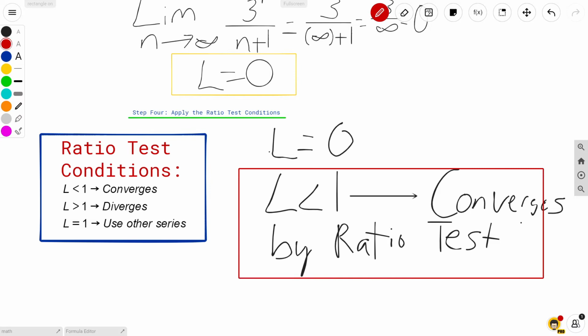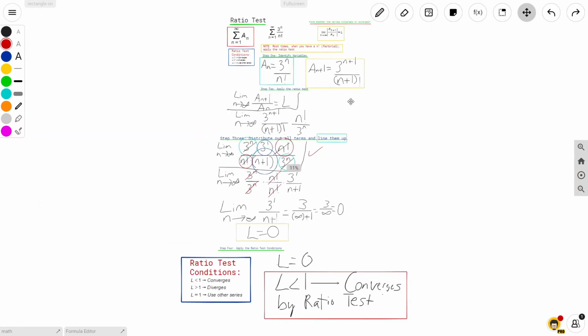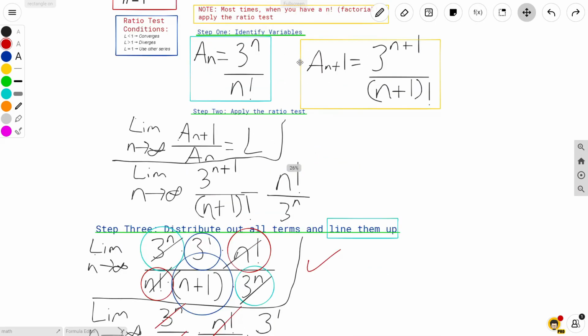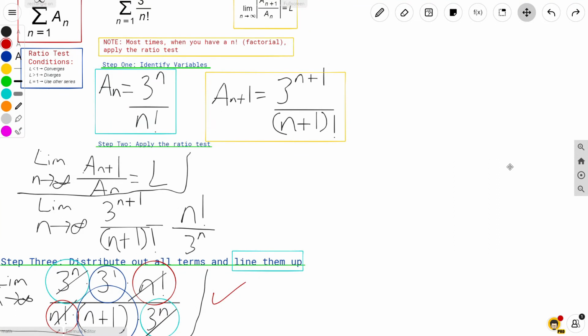So basically all we did was simply in step 1, which I'm going to quickly go back through this problem in retrospect. In step 1, all we did was identify a sub n and a sub n plus 1. And how did we identify a sub n plus 1? Well, I'll make a note of it real quick.